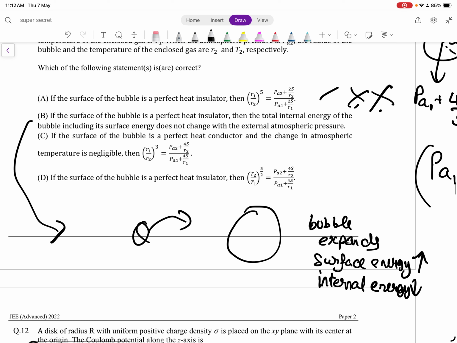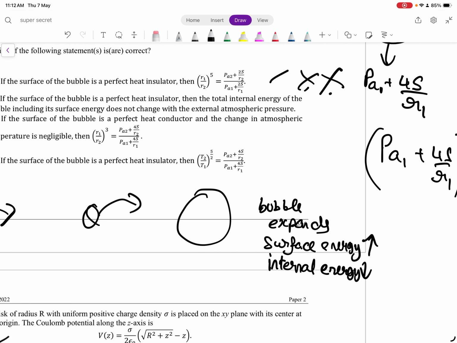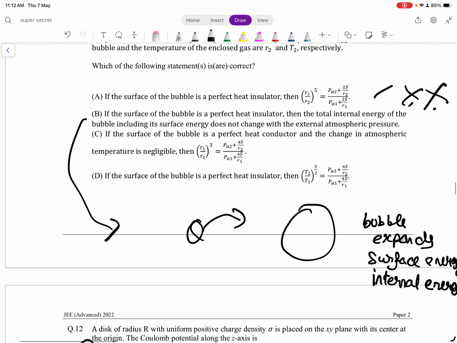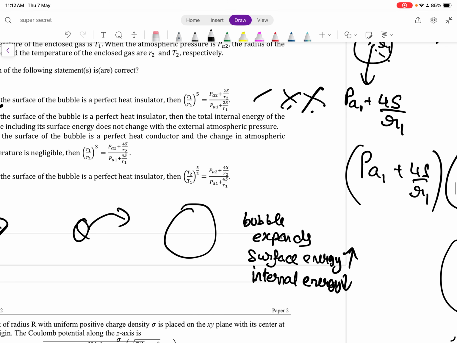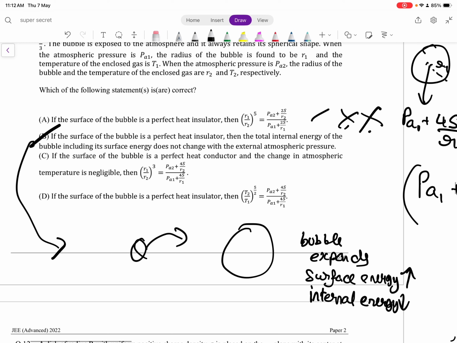So I'm assuming that would mean that the total energy is somewhat the same. I'm not sure about this, but as a rough guess, I would mark B to be correct. But honestly, that's a bit risky. Depends on what you want to do in the exam. It's a bit risky to mark B, but by some logic, I just mark B. Let's just go with it.